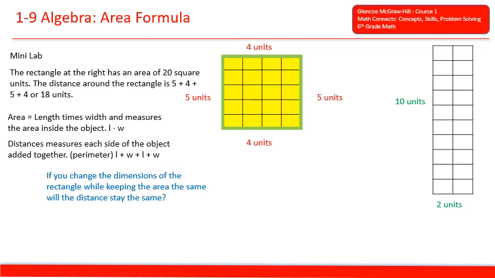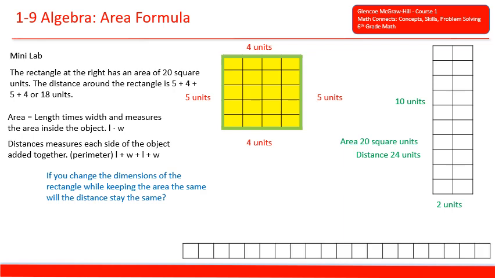And if we multiply those together, we have 20 units for an area, just like we did on the 4 by 5 one. But if we add everything together, we have 10 plus 2 plus 10 plus 2, and that's 24 units. And we had 18 units on the last one, 5 plus 4 plus 5 plus 4.